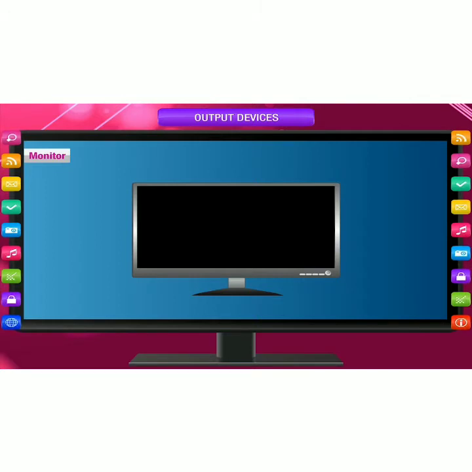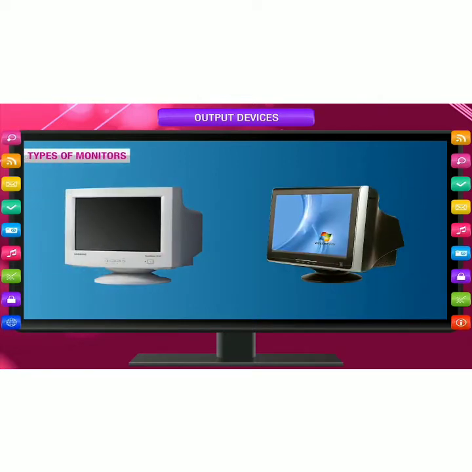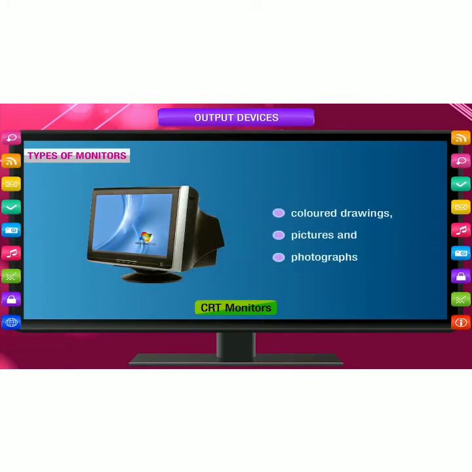And there are two types of monitors. First one CRT, that is cathode ray tube, and the next one LCD, that is liquid crystal display. Now what is the difference between both of the monitors? CRT monitors are very big in size, and LCD monitors, I think all of you have seen LCD at your home, right?